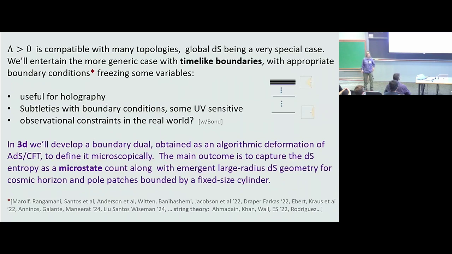The case with global de Sitter is just kind of an exception, and most of the time with such things, they would be the rule, not the exception. And in particular, from the bottom up, you can easily consider the case where you do have some boundary with some good boundary value problem, ideally a good initial boundary value problem, and maybe stability properties, maybe not, depending on the physics.